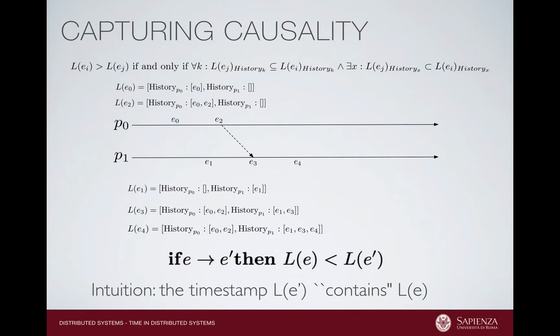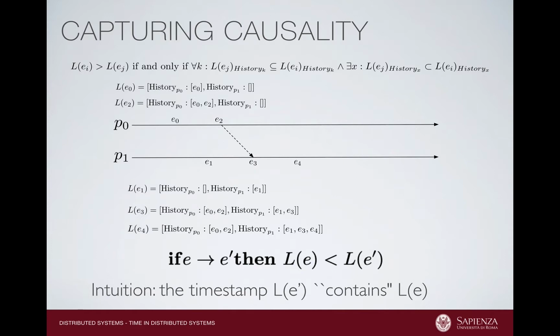And now I have to show you the intuition on why, if one event happens before the other, then the timestamp of the first event is less than the timestamp of the other. The intuition is that when this happens, the timestamp of the event E prime that happens after E will contain the timestamp of event E. You can try it and you will see that it is obvious.